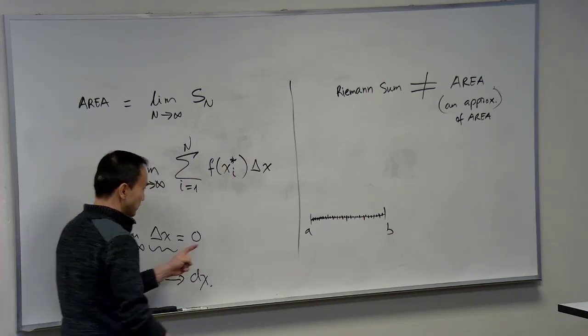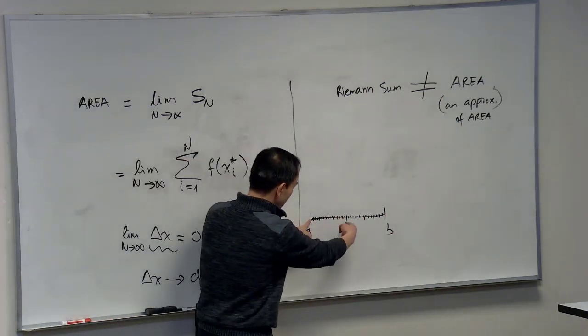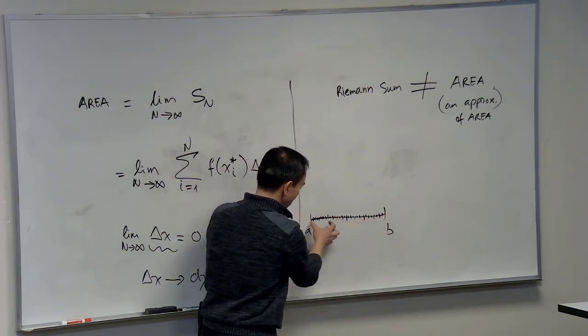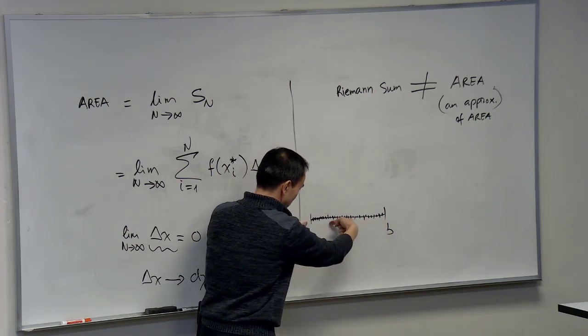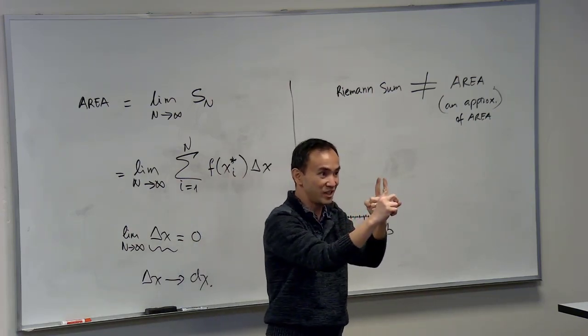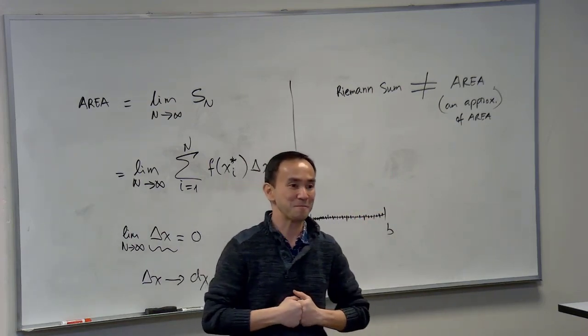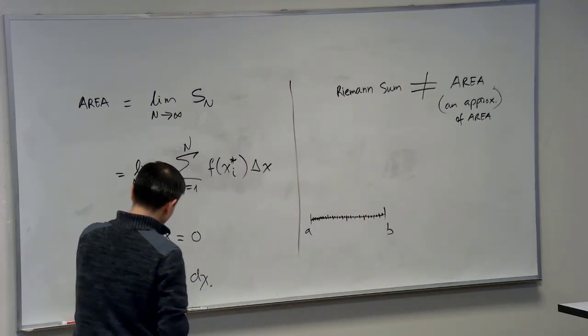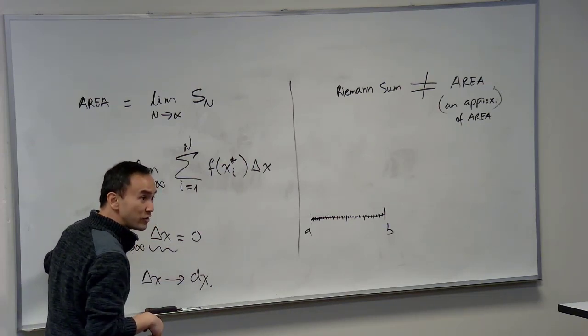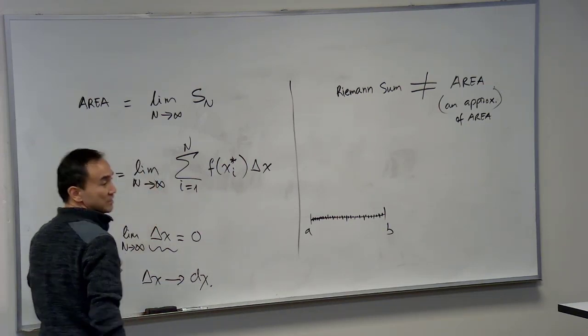When it's a finite number of subintervals and you can see it clearly, it's a delta x. But when it's so small like that, the left and right endpoint really just come together. And so delta x will become dx when we reach an infinitely many number of subintervals.